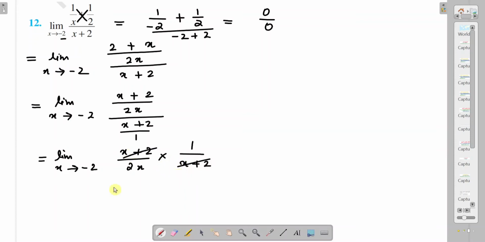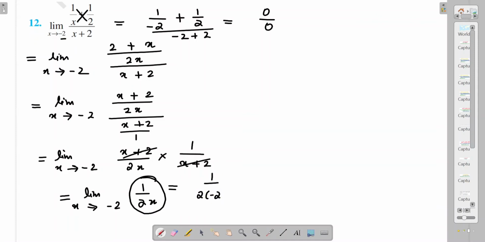So x plus 2 will get cancelled. We will get limit x tends to minus 2 of 1 by 2x, and that is nothing but what? See, now this is a rational function, so we can directly substitute the limit. So 1 divided by 2 times minus 2, that is nothing but minus 1 by 4. Okay, so that is the answer for problem 12.